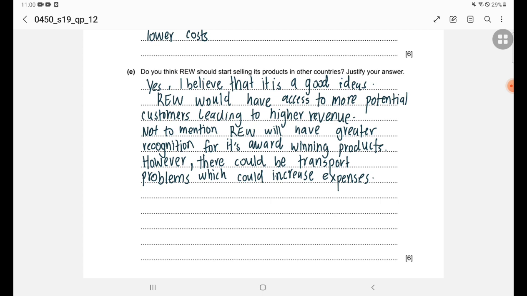And also you can talk about the spreading the risk as the GPA in their own country is falling, so it's hard to keep up with the GPA in the other place. All right, so okay, now this point is if you were to say no, if you were to disagree with expansion outside, but you have many choices. It's up to you, but this is the format of writing this question.